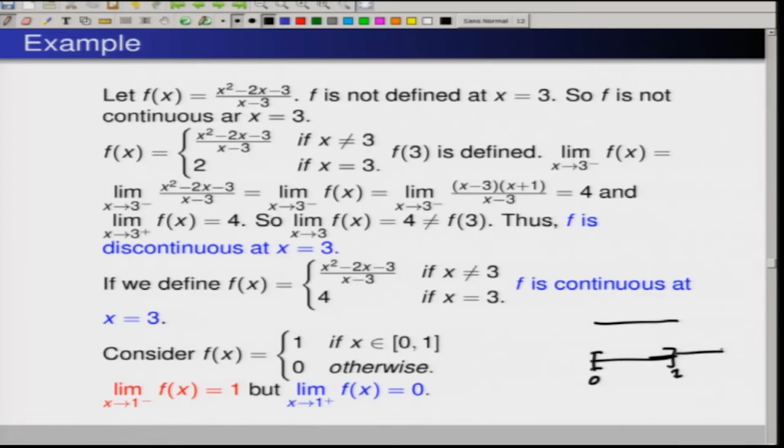If I approach 1 from this side, then I am going to get 0, because all these values of f of x are equal to 0. Similarly, in this example, if I look at 0, then if I approach 0 from the right, I am going to get 1, and if I approach 0 from the left, you are going to get 0.